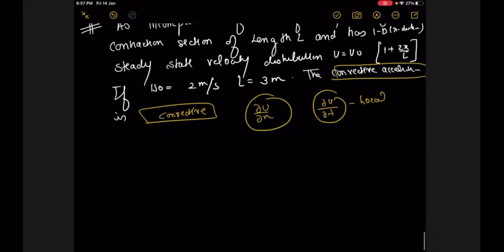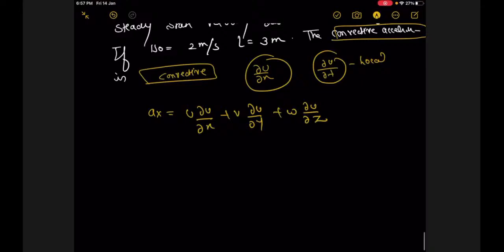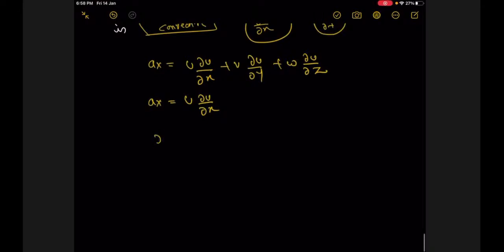So convective acceleration will be ax equals u del u by del x plus v del u by del y plus w del u by del z. Ax equals u del u by del x. Del u by del x equals 2 u naught by L after differentiation.